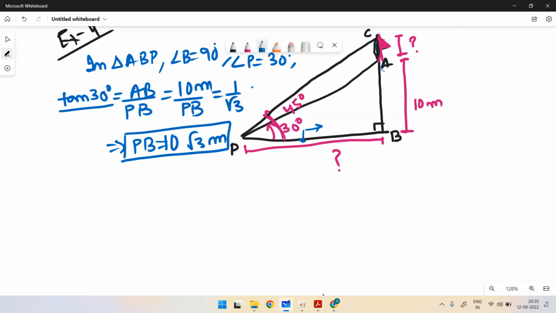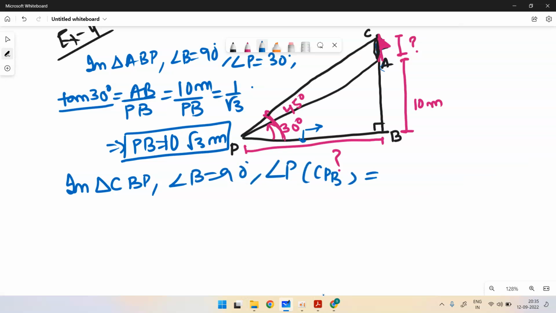Now, how will you calculate CA? In the next triangle, CBP, again angle B is 90 degrees, and angle CPB is 45 degrees. PB you have already calculated as 10 root 3 meters. With respect to 45 degrees, CB is the perpendicular and PB is the base.